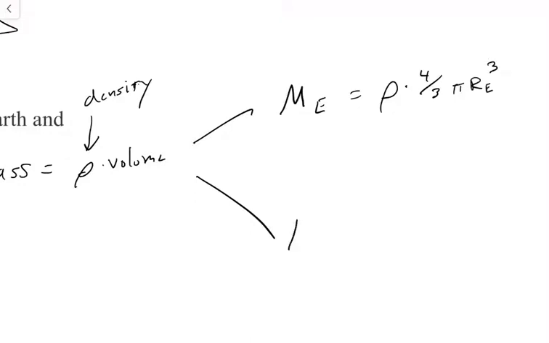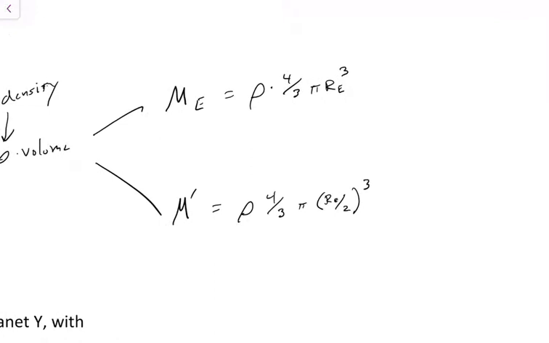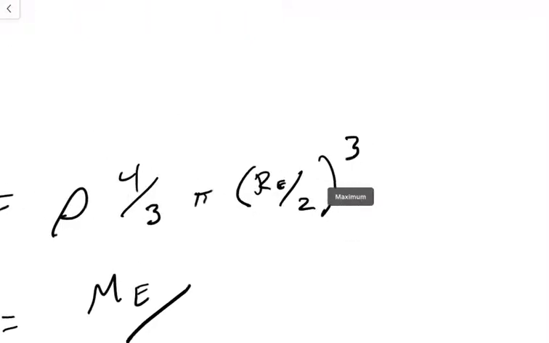But we need to find our mass, let's call it mass prime, because all we know is this is rho times 4/3 pi and then half of Earth's radius cubed. So again we have another proportionality problem, where the mass prime is the same thing as mass Earth, except it's divided by 2 cubed.